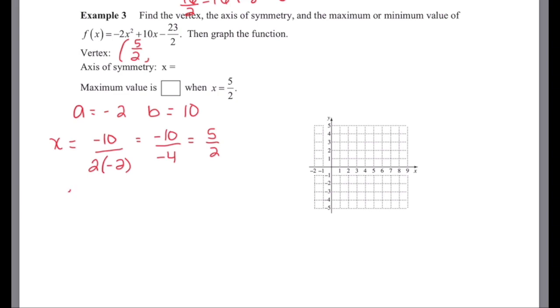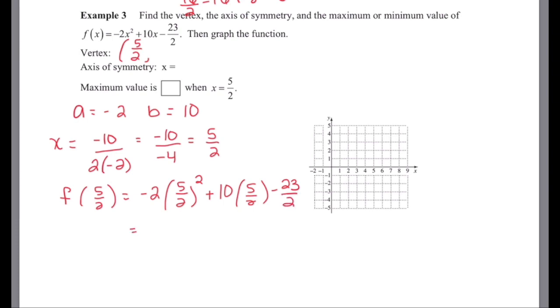We can now substitute in 5 halves into the equation. So negative 2 times 5 halves squared plus 10 times 5 halves minus 23 halves. Negative 2 times 25 fourths plus 10 times 5 halves minus 23 halves.